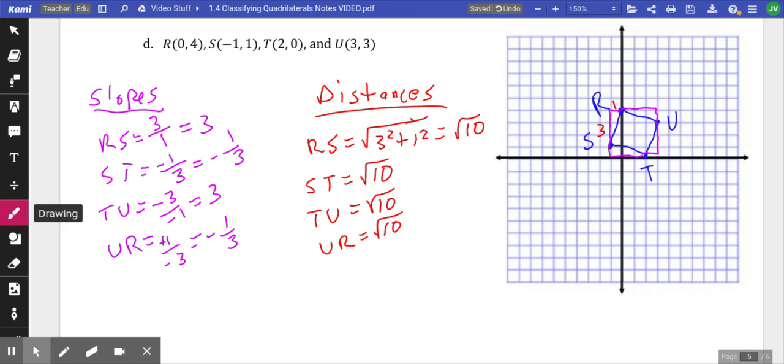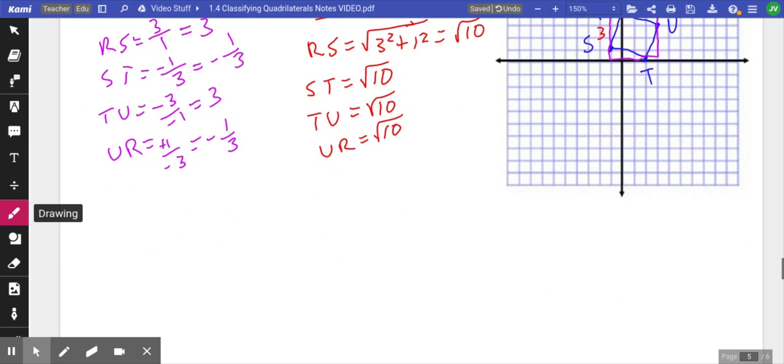So now we're going to go ahead and write down a little sentence with that. RSTU is a square.